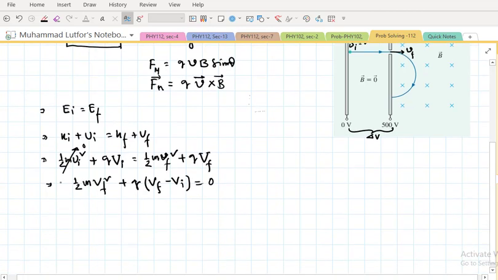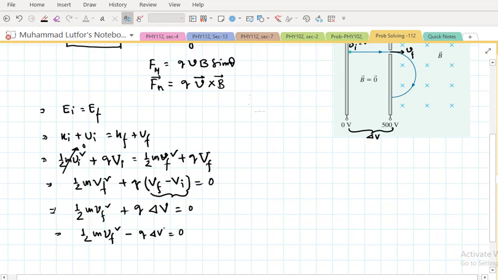Or, basically, half m v squared plus q times delta V, because this is the change of electric potential, equals 0. Since the charge is negative for the electron, I use the negative sign: half m v squared minus q delta V equals 0.